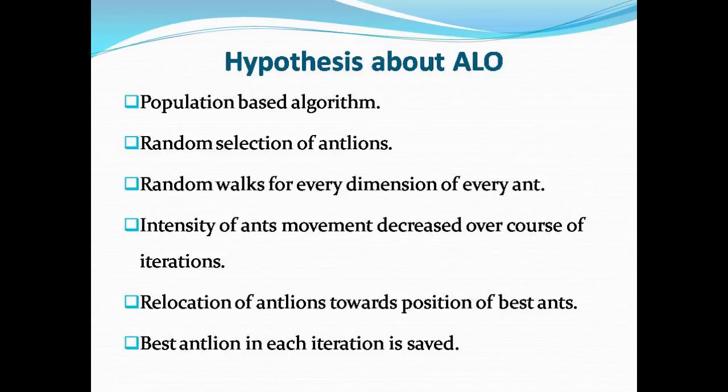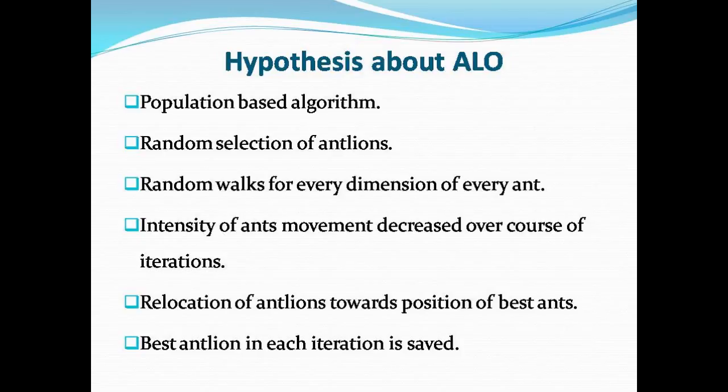Hypotheses about ALO. Before describing the algorithm, there are some hypotheses about the antlion optimizer which we have used in the implementation. Antlion optimizer is a population-based algorithm, so local optima avoidance is inherently high. Exploration of the search space is guaranteed by the random selection of antlions.